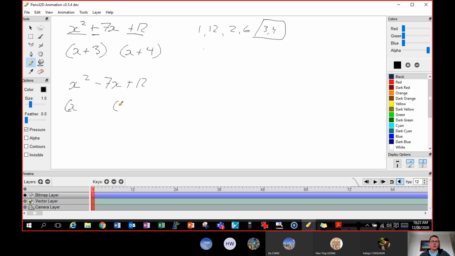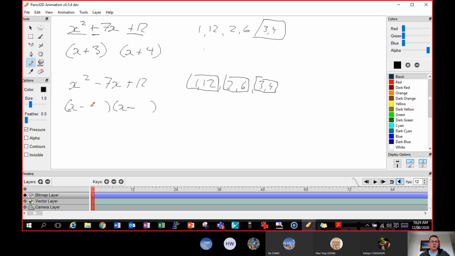It's going to be x by x, 12. Factors could be 1, 12, 2, 6, 3, 4. Could be any set of these. Positive. This is negative though. The only way to get negative x's, and because to get a positive number here, these would both have to be negative, because a negative number times a negative number is going to give me a positive.